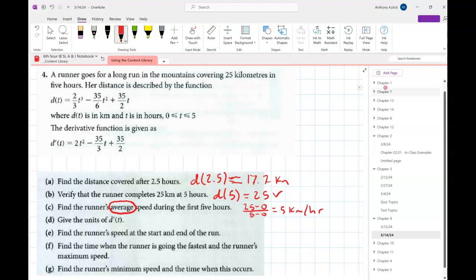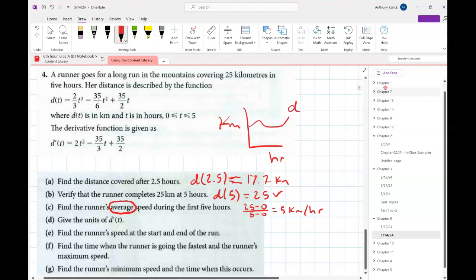What should the unit be for the d prime of t? D is in kilometers. If I drew D, it's kilometers and then hours, like our graph of D. Well, it's going to be increasing.